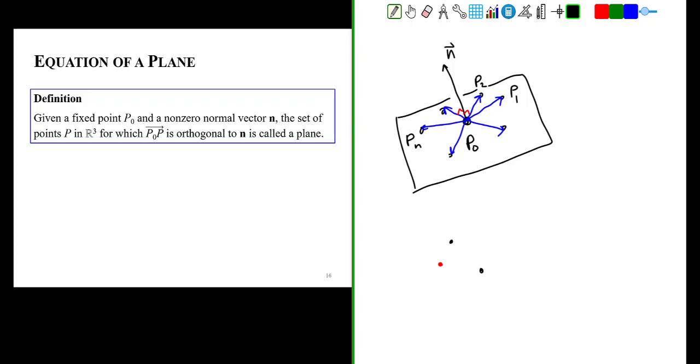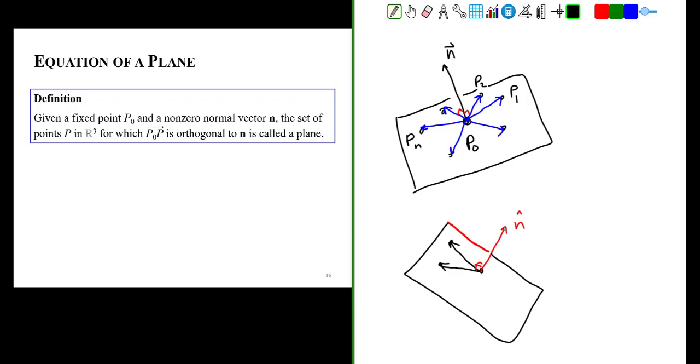And with these 3 points, if we construct 2 vectors from those 3 points and look at a vector that is normal to those 2 vectors that we just drew, the plane in which those 2 vectors lie can be described with that normal vector.